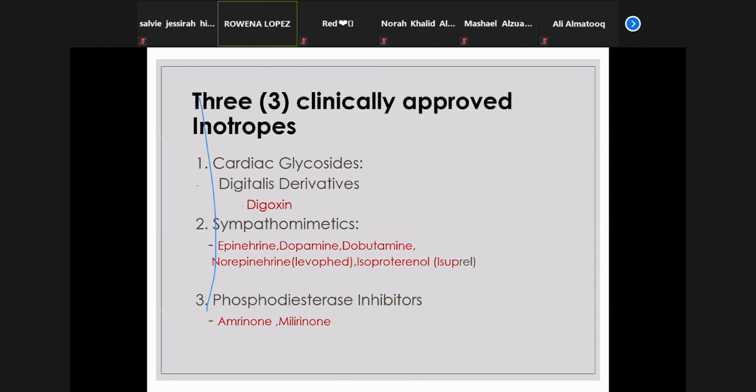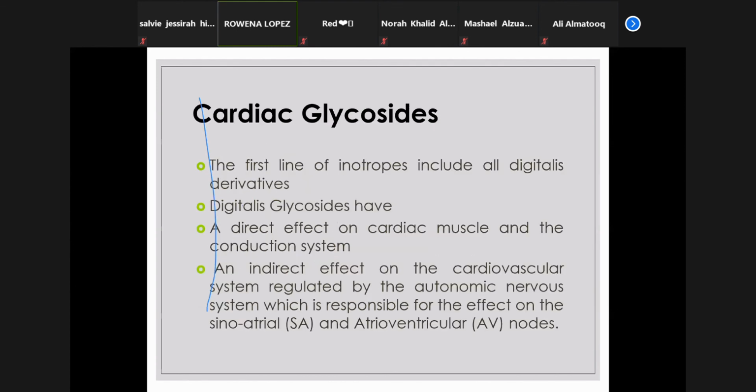Then we have three clinically approved inotropes: cardiac glycosides, the most common example being digoxin; sympathomimetics, such as epinephrine, dopamine, dobutamine, and norepinephrine, which are both vasopressors and inotropic agents; and phosphodiesterase inhibitors like amrinone and milrinone.